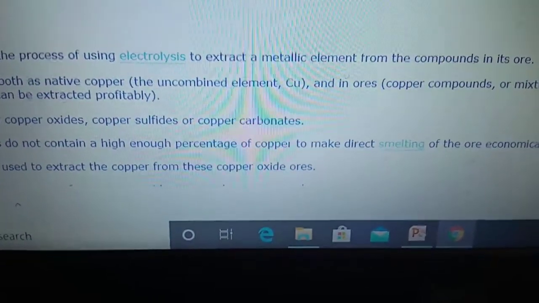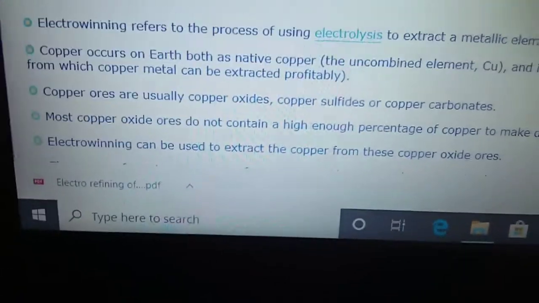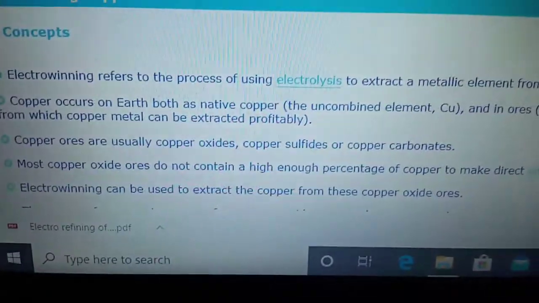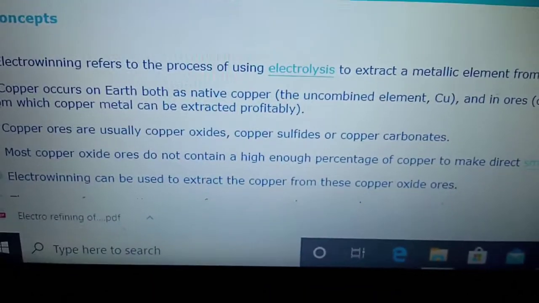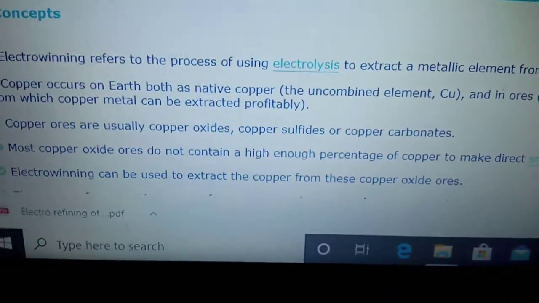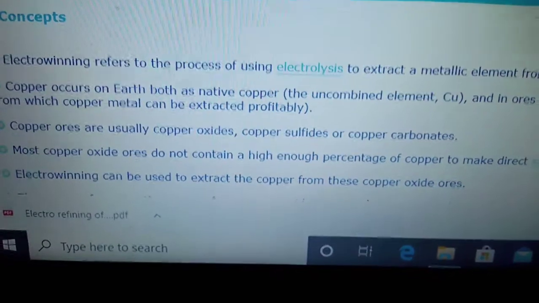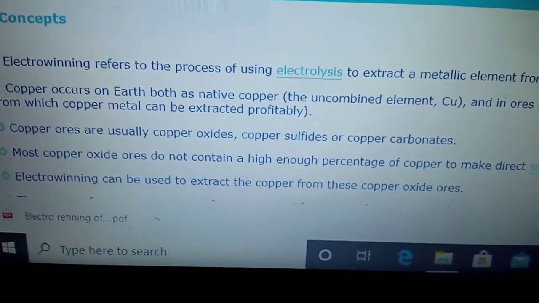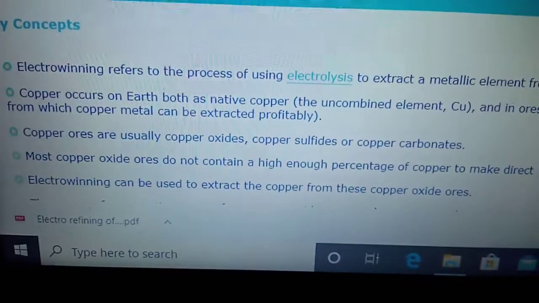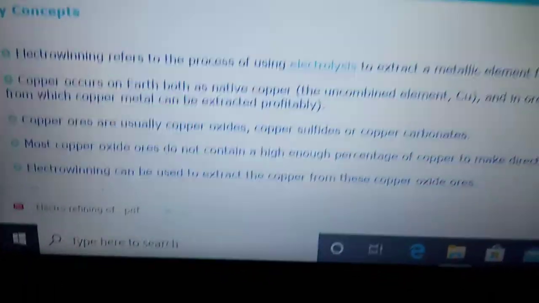In the case of gold, gravity separation is used. So first of all, you need to enrich it. You need to increase the concentration of copper in the ore, and that is done through mineral processing methods such as crushing, grinding, and froth flotation, as I have told you.